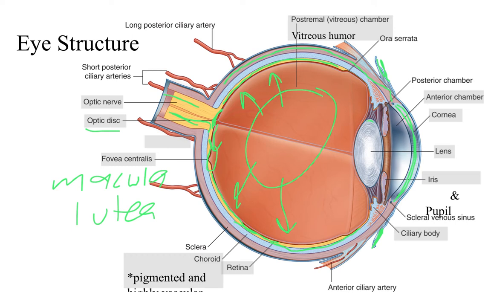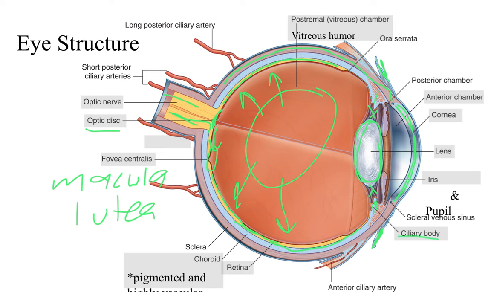All right, moving anteriorly, we have the lens, which is a transparent material that's going to focus light coming from the front of the eye, coming from the cornea, onto different parts of the retina to produce vision. And the lens is attached to these structures right here called suspensory ligaments that are also attached on the other side to the structure called the ciliary body.